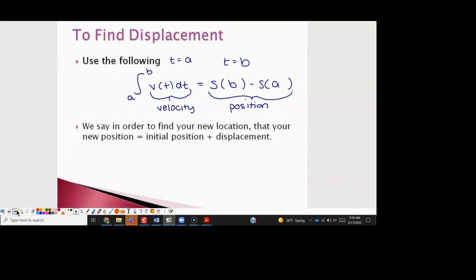Initial position. Even if my S of A isn't at 0, what if I told you S of 2, and then we go to 5? That 2 is still your starting point. It's whatever the lower bound of the integral is. That's what goofed Corey up on the problem, because it started at 0 on the integral, but it doesn't mean you can't go backwards. This is a prime example: this goes 0 to -4.